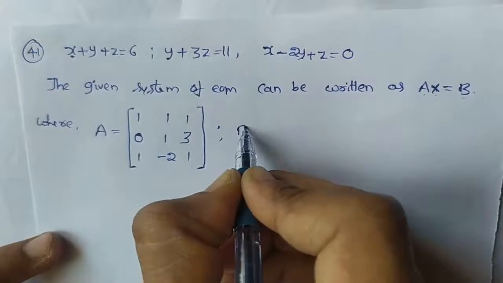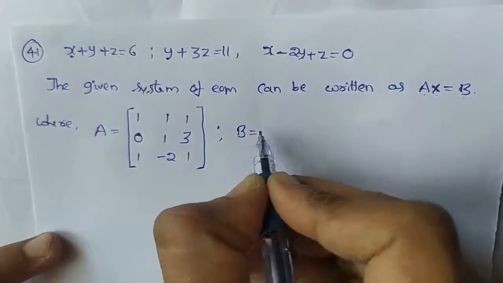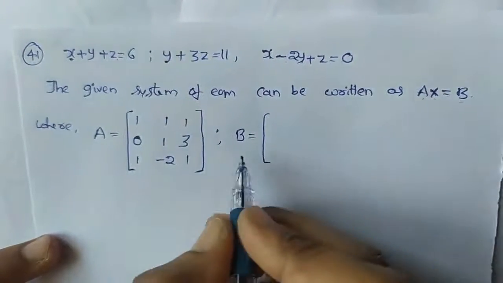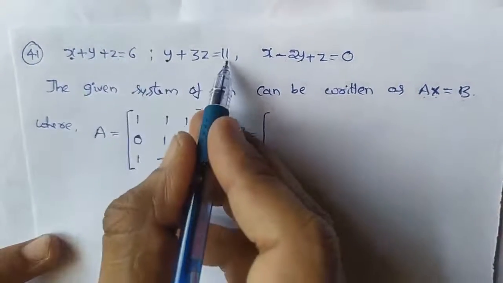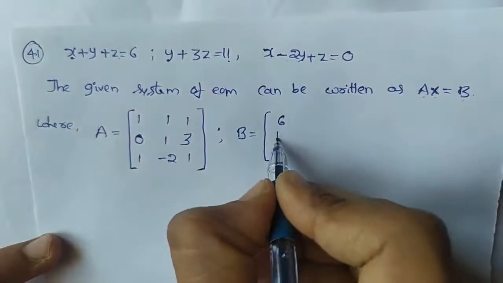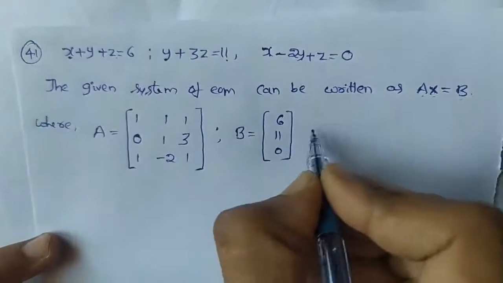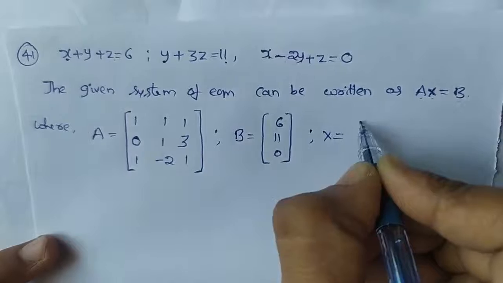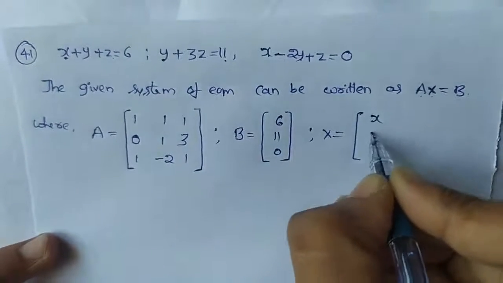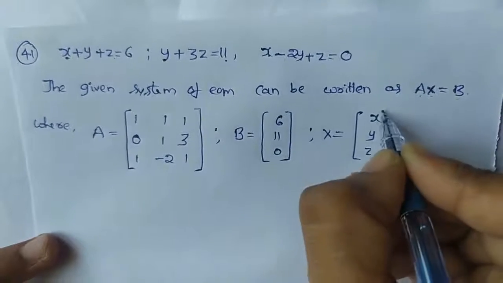It is the coefficient matrix A. Next, matrix B is the constant matrix: 6, 11, 0. Next, the variable matrix X equals x, y, z.